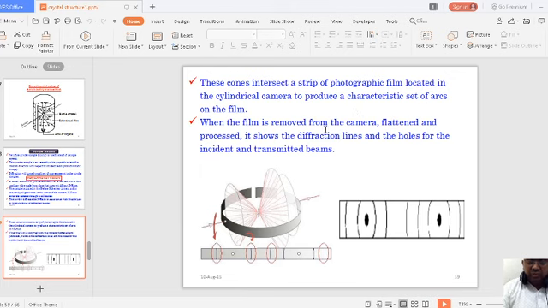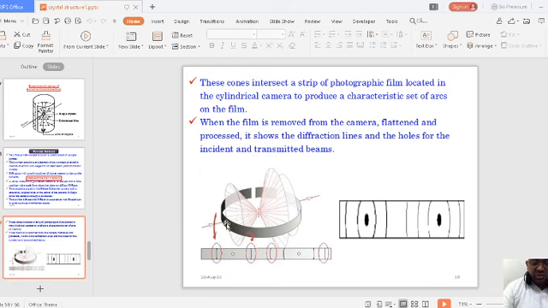So when the film is removed from the camera and flattened, it is taken inside the dark room, where you take out that particular film and it is processed. It will show the diffraction lines, and these diffraction lines are of the incident and the transmitted beams.